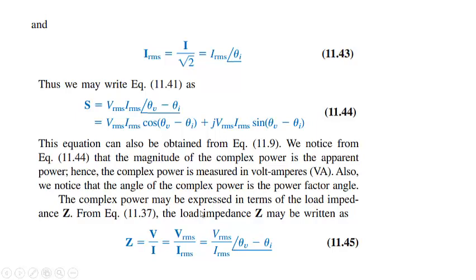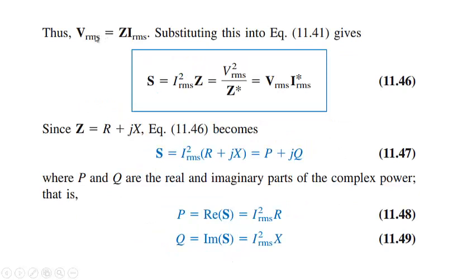The complex power may be expressed in terms of the load impedance Z, that is equal to V by I, that is Vrms by Irms, because we can divide root 2 in the numerator as well as the denominator, and you get again Vrms by Irms angle of theta V minus theta I. But Vrms is equal to Z into Irms, so substituting this, S is equal to Irms square into Z, or Vrms square divided by Z conjugate, so this is important, or Vrms into Irms star. So in terms of impedance, S can be equal to Vrms into Irms star, or Irms square into Z, or Vrms square divided by Z conjugate.